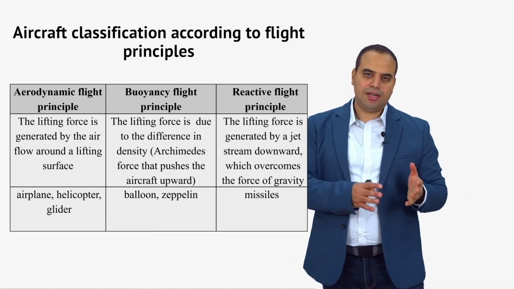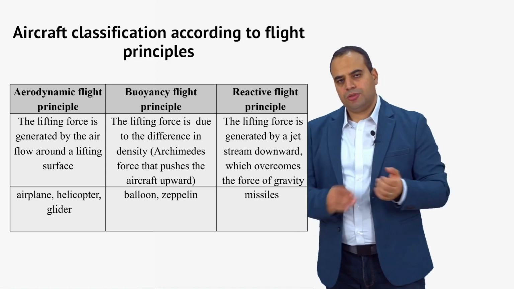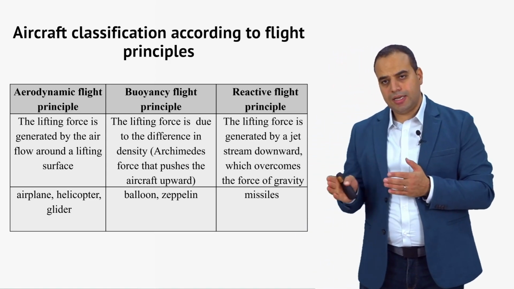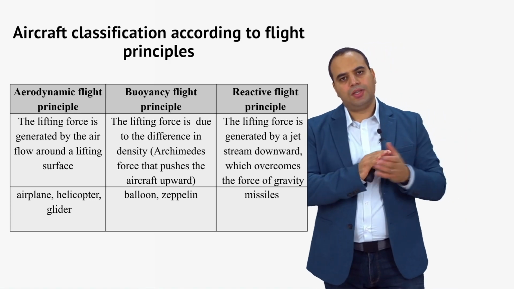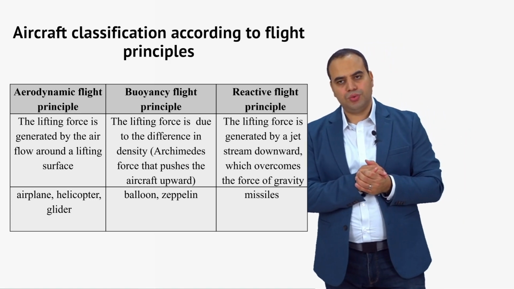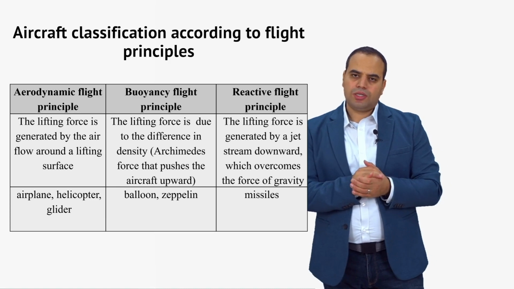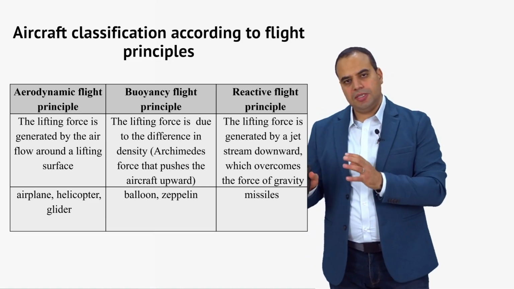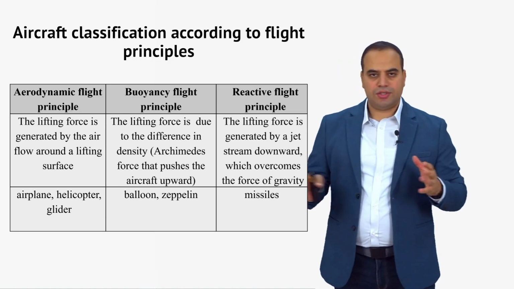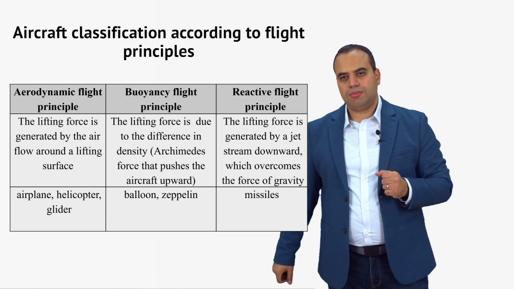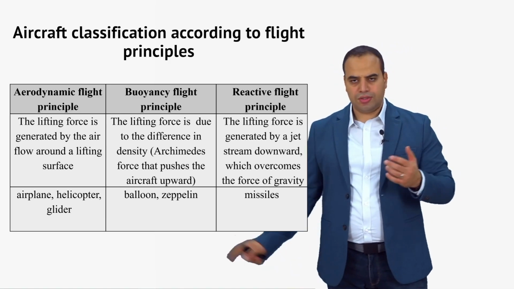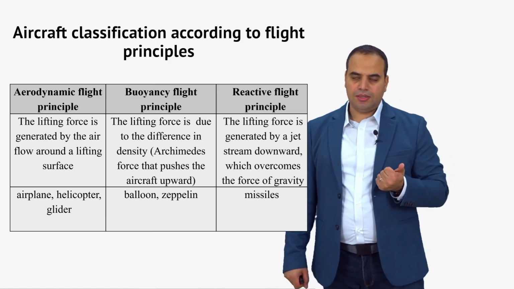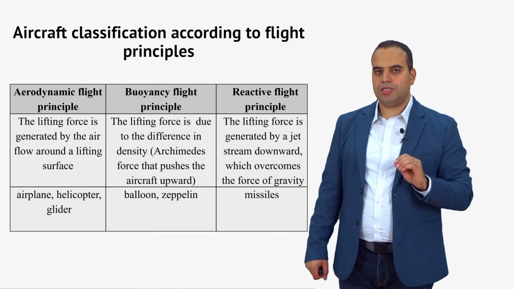Aerodynamic means the air, which I suppose comes from the Greek word for air, which is the gases that belong to our atmosphere, right? So aerodynamic means that the air is moving at a certain speed. So either the aircraft itself needs to be moving at a certain speed, or for example the wing, if it is a rotary wing, we're going to see this in the next slide, has to be moving at a certain speed in order to overcome gravity, in order to generate a lift force, right?